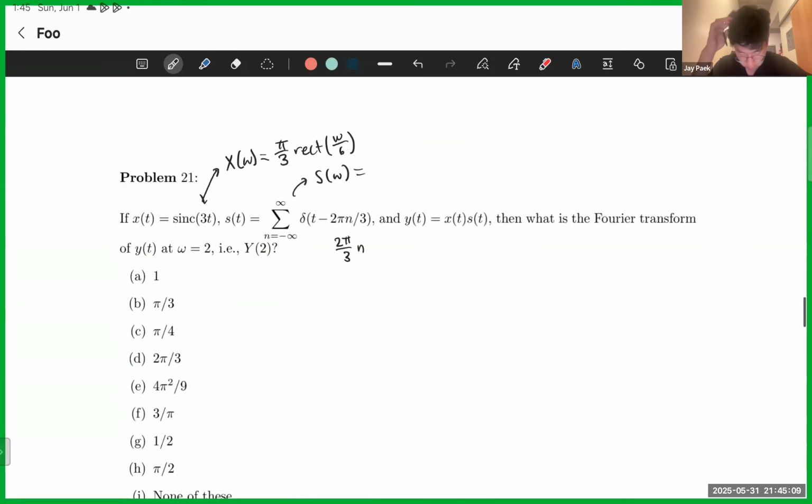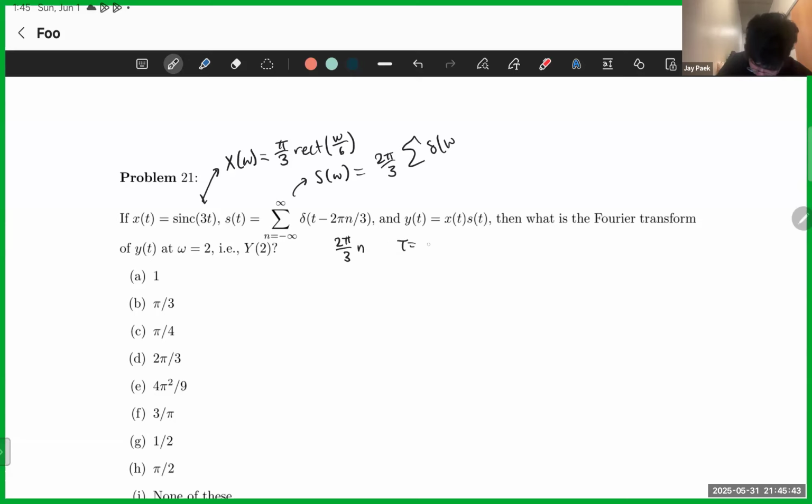Anyways, back to this question. The impulse train will have a Fourier transform of, if I recall correctly, just omega naught, which is 2 pi over 3, times the impulse train. No, sorry, this is the period.